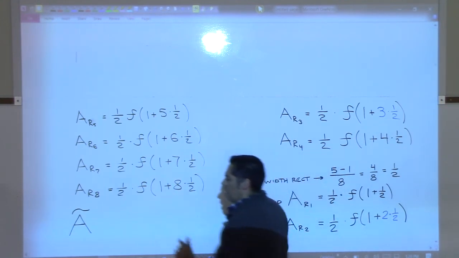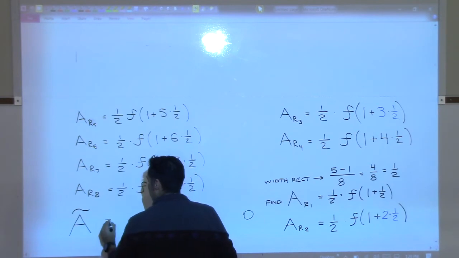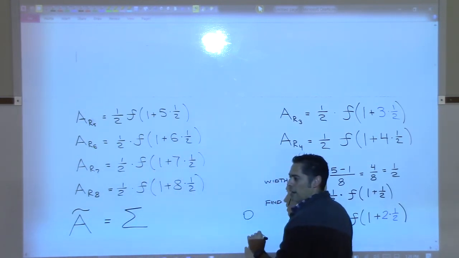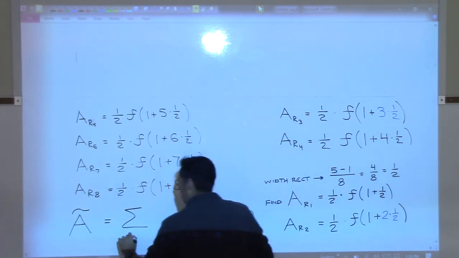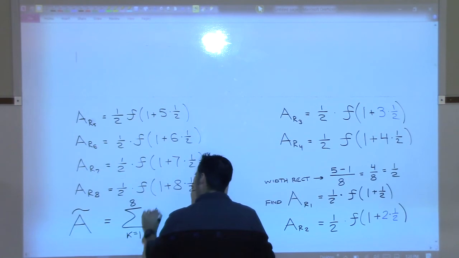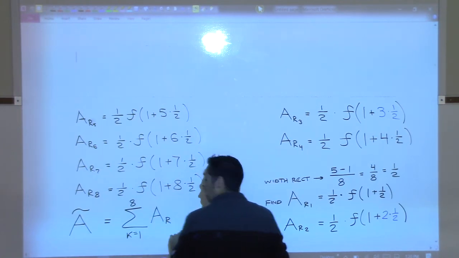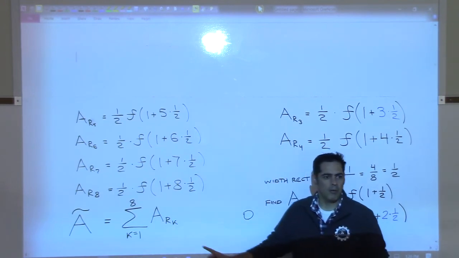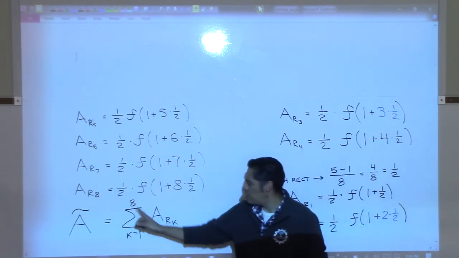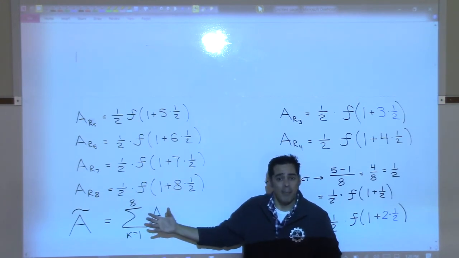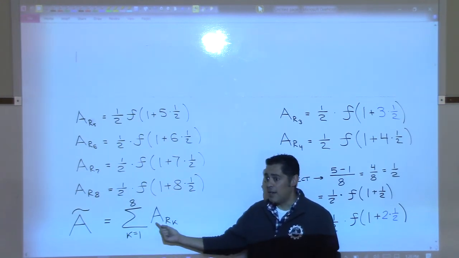Would you all agree that the approximate area is just the sum, okay, the sum of k equals 1 to 8 of all of the areas of the rectangles? Okay, look the way I wrote that. Summation, k is going to start at 1 and end at 8, right? What are we adding up? We're adding up the areas of all the rectangles.